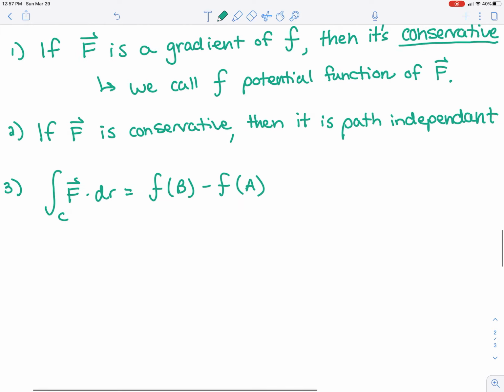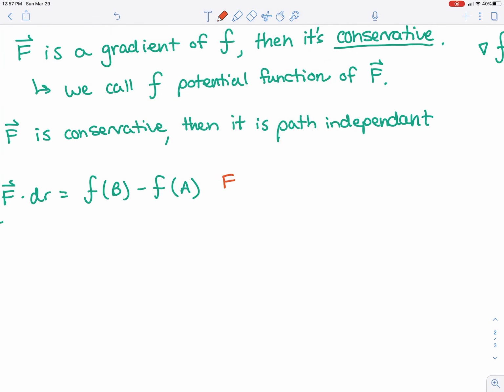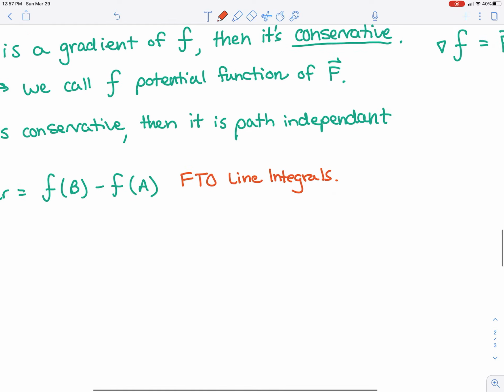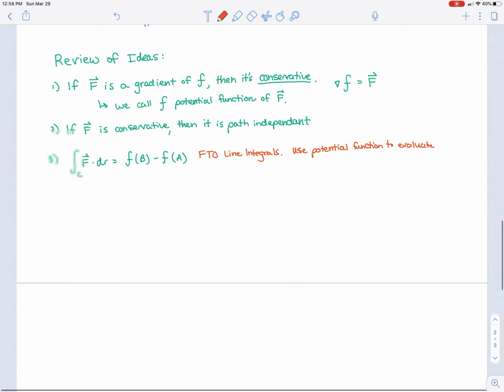So we can use the potential function to evaluate. That's what that idea was saying.